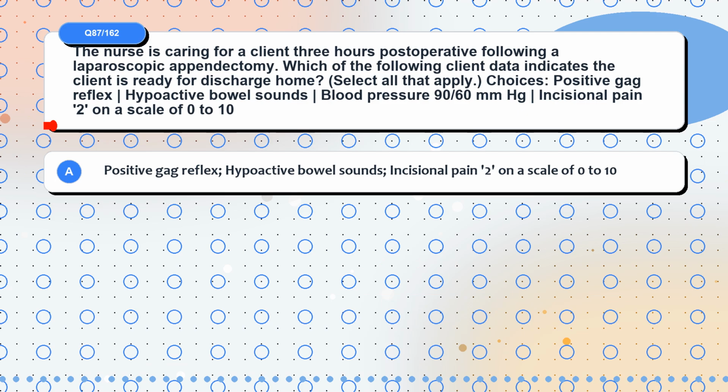Question 87. The nurse is caring for a client 3 hours postoperative following a laparoscopic appendectomy. Which of the following client data indicates the client is ready for discharge home? Select all that apply. Choices. Positive gag reflex, hypoactive bowel sounds, blood pressure 90/60 mmHg, incisional pain 2 on a scale of 0 to 10.